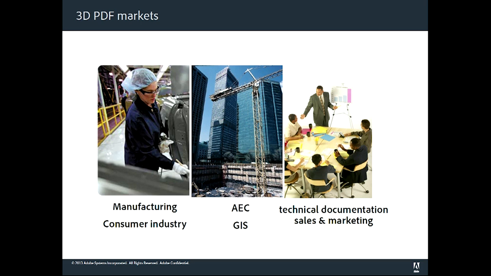Also in the GIS area, for example, if you have digital terrain models, you can walk through a GIS file in 3D with 3D PDF. We can have a look later on.